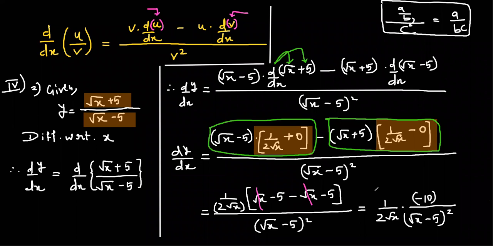So the final answer I will get is negative 5 upon root x into root x minus 5 the whole square.